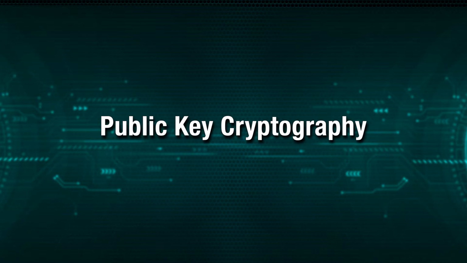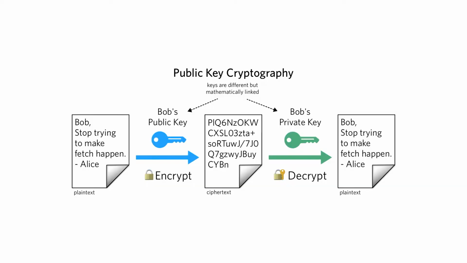Public key cryptography. Public key cryptography, also known as asymmetric cryptography, is a cryptographic method that uses a key pair system. One key called the public key encrypts the data, the other key called the private key decrypts the data. Public key cryptography can be used in several ways to ensure confidentiality, integrity and authenticity.